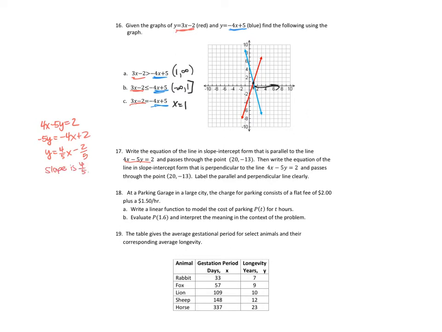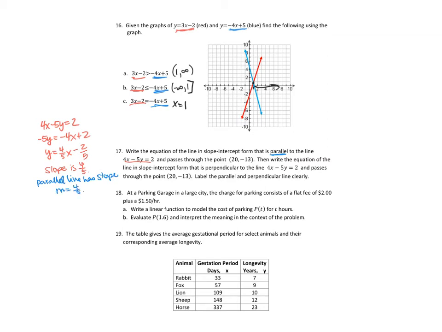Okay, and now I want to write the equation of the parallel line. I know parallel lines have the same slope, so the parallel line has the same slope, m equal to 4/5.